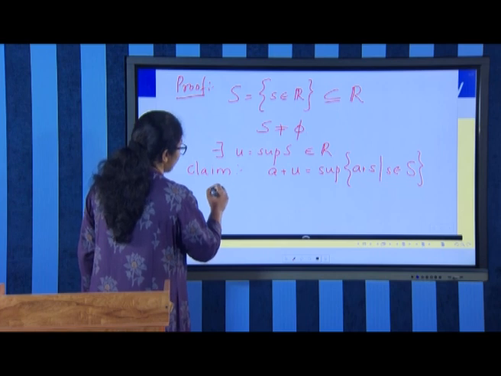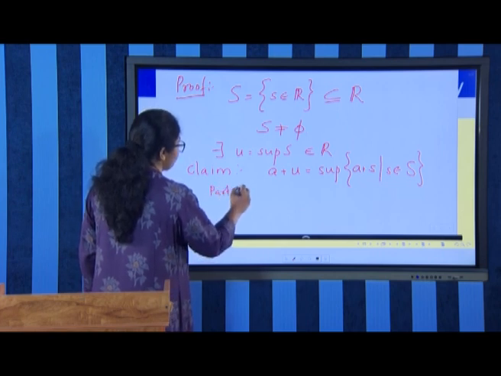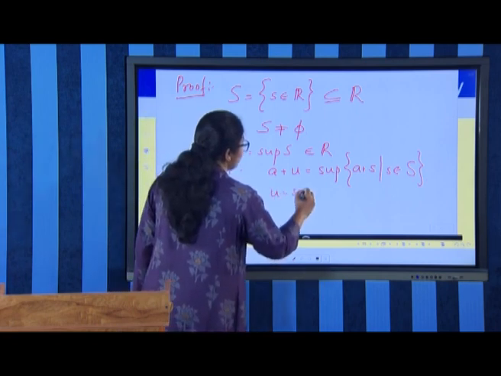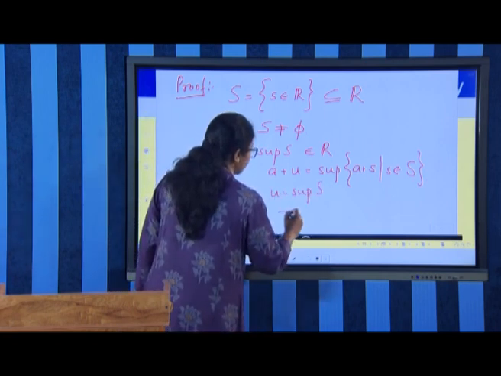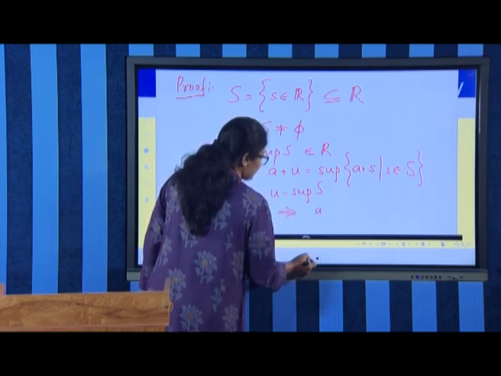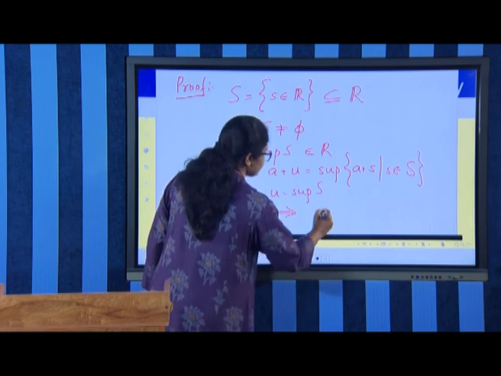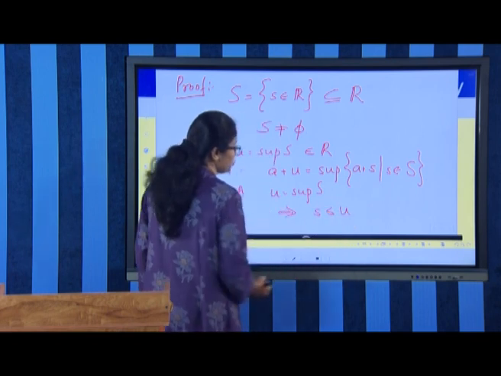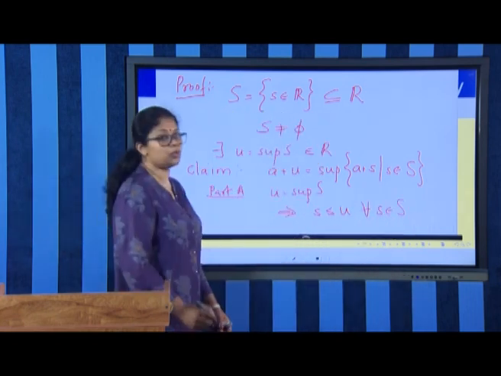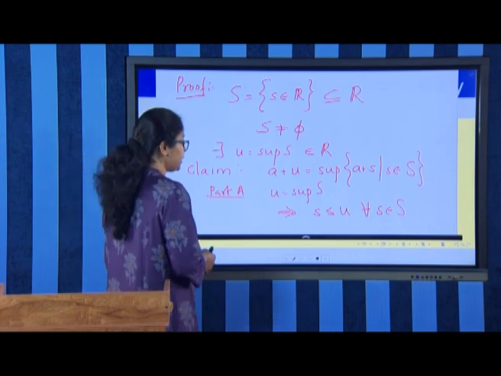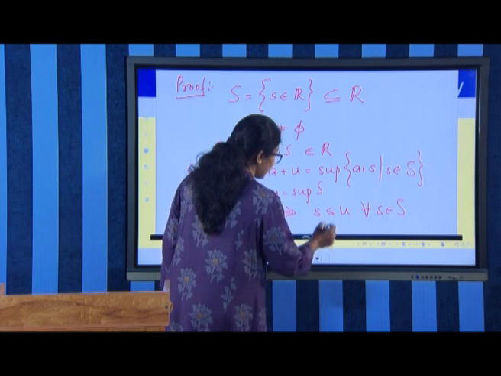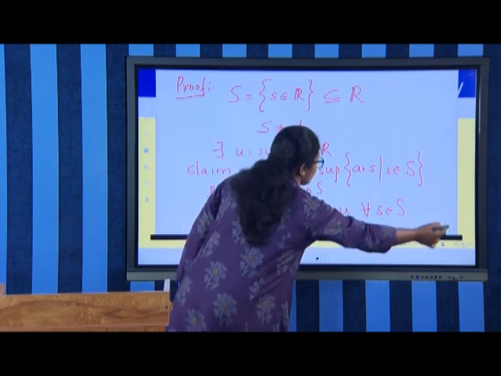So, the first part, part A, we can write. Given U is the supremum of the set S, which implies every element s in the set S is less than or equal to U for every s belonging to S, because U is the least upper bound. Then if we add a real number A throughout, what do we have?